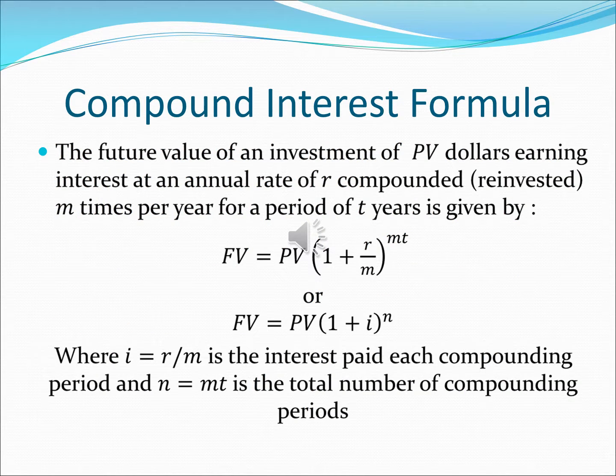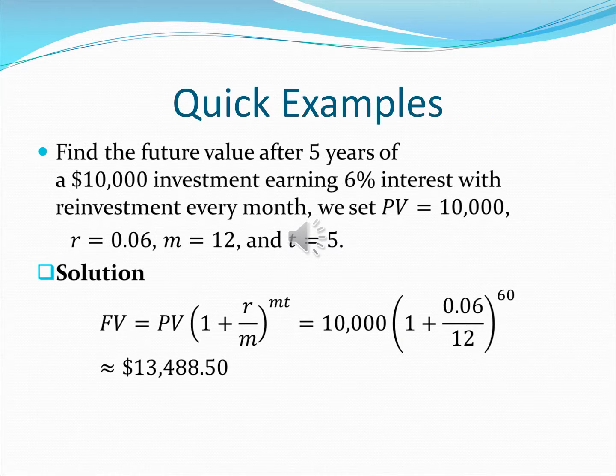Compound interest formula: if I want to find the future value of my investment, future value is equal to present value times 1 plus R over M raised to power MT. Quick example. Find the future value after 5 years of a $10,000 investment earning 6% interest with reinvestment every month.